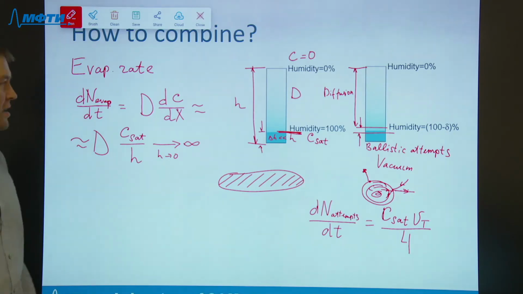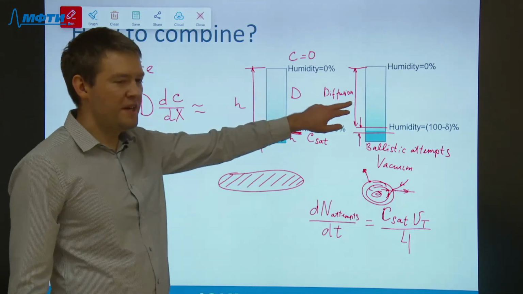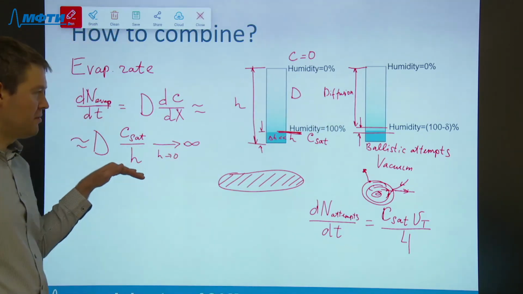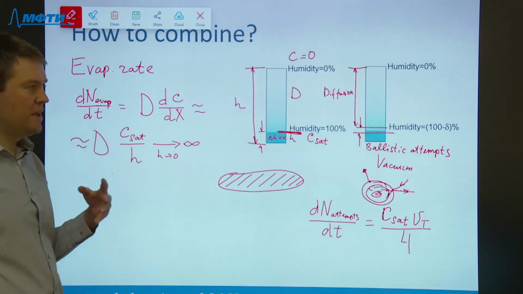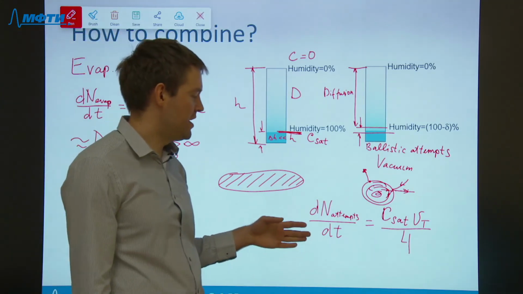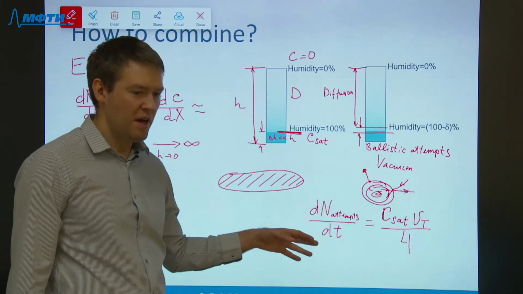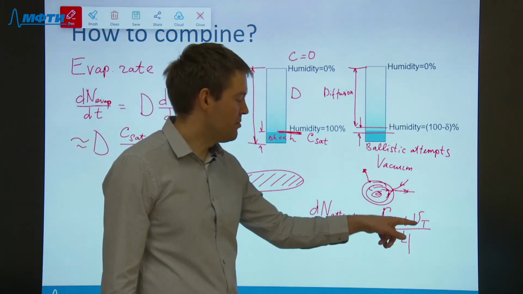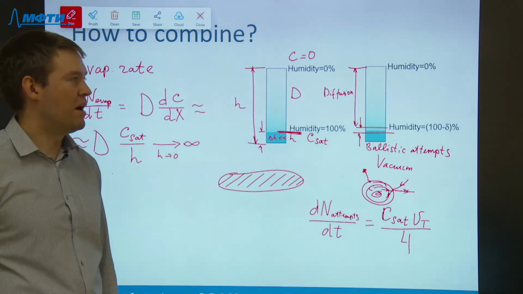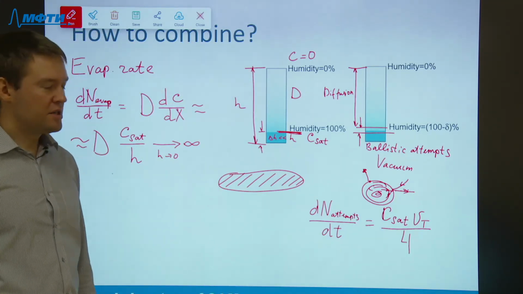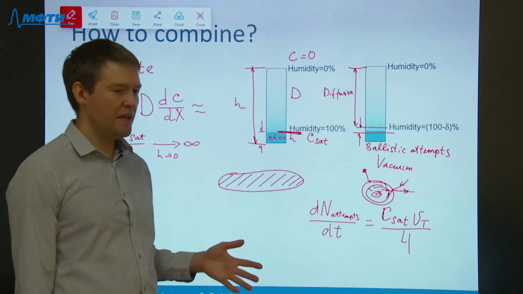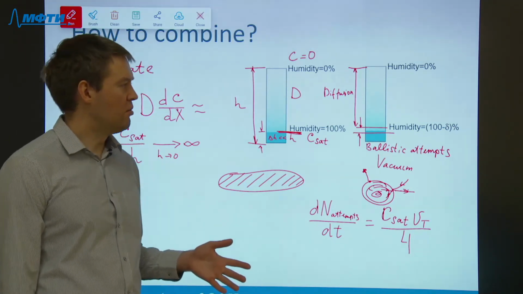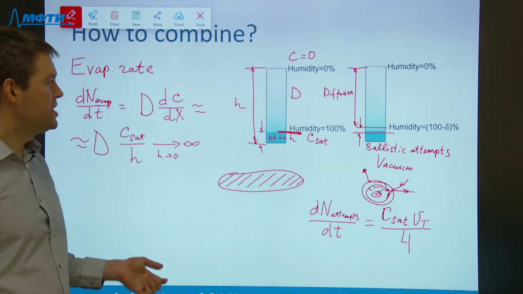And if the diffusion model predicts unrealistically large evaporation rates, then we need to conclude that the number of attempts per unit time cannot be larger than the saturated vapor density multiplied by thermal velocity divided by 4. And how can we formulate it in more detail?